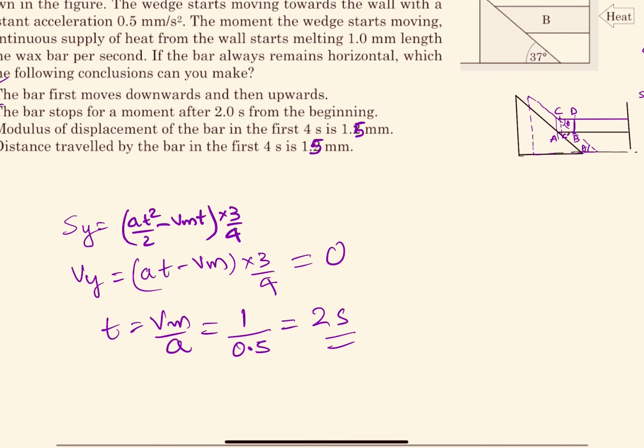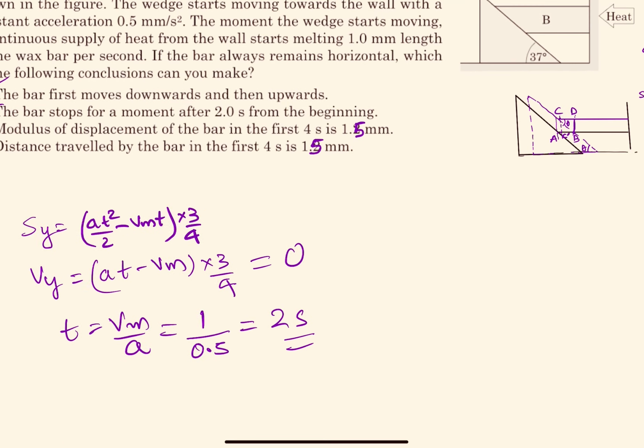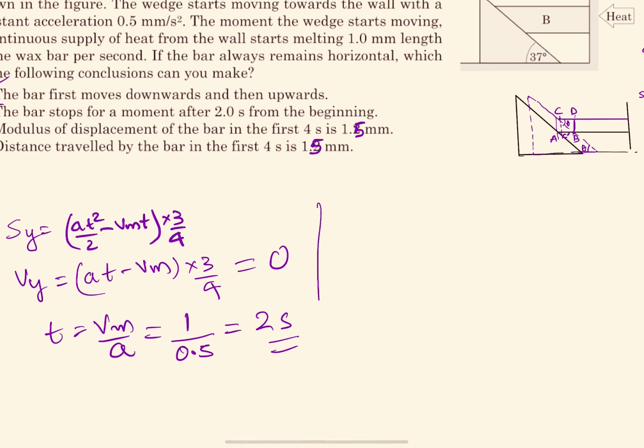So if you keep the value of t as 4 here, then what do we get? Let's see. A is 0.5. 0.5 into 4 square by 2 minus 0.1 into 4 into 3 by 4, right?